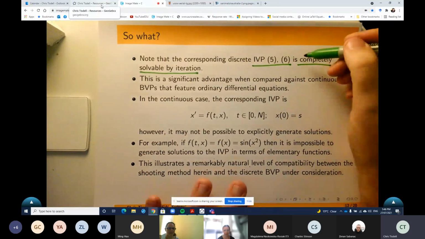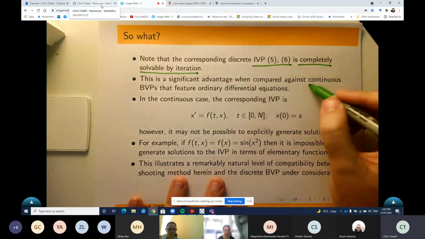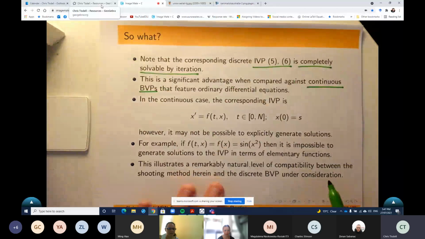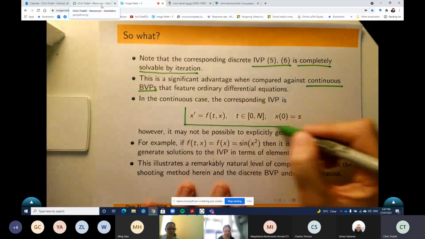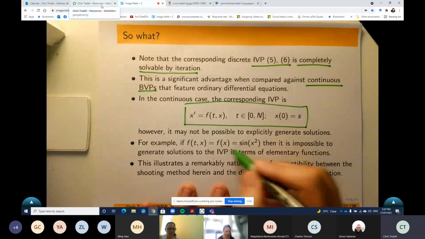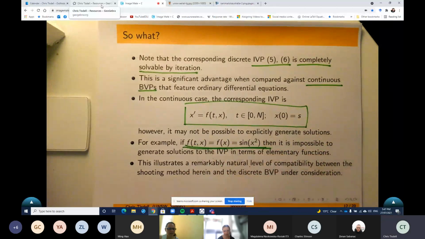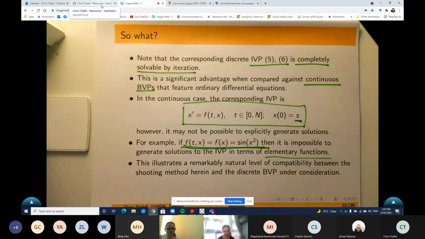And if you compare that with differential equations, sometimes even solving the initial value problem is quite difficult. Okay, if that's your function there, you can't integrate this in terms of elementary functions. So even solving the initial value problem with a parameter is quite difficult.